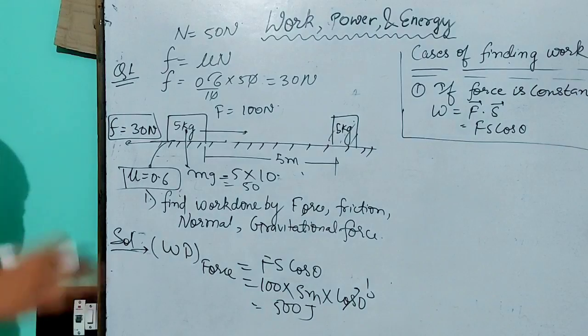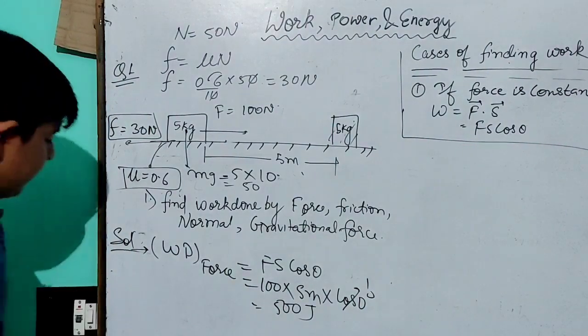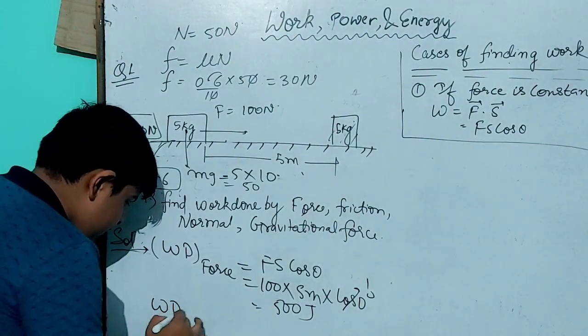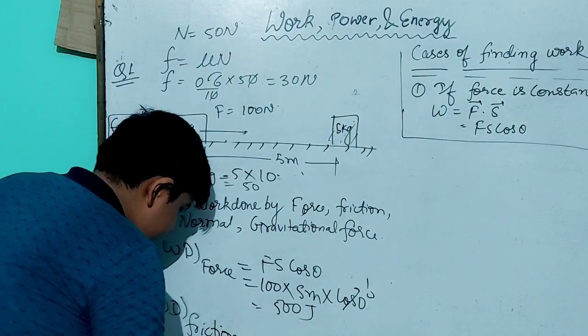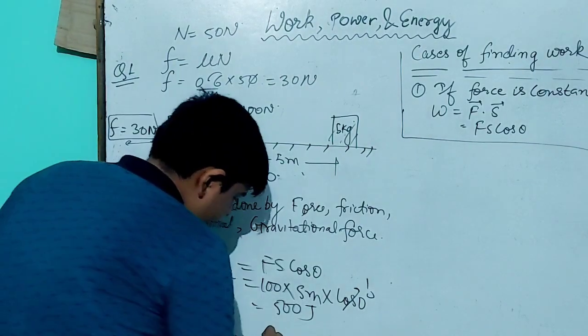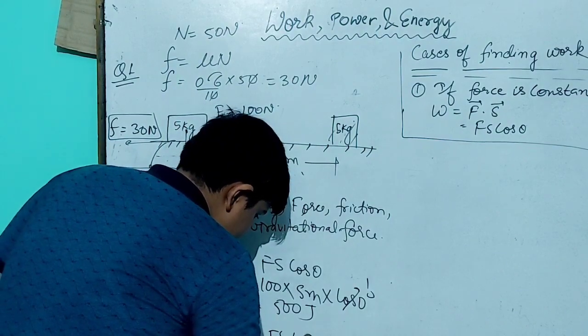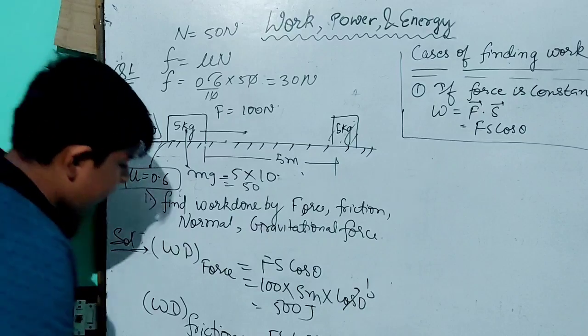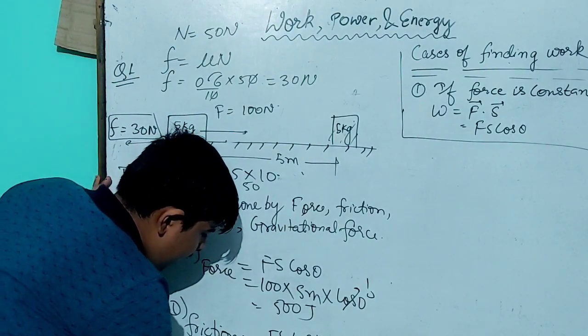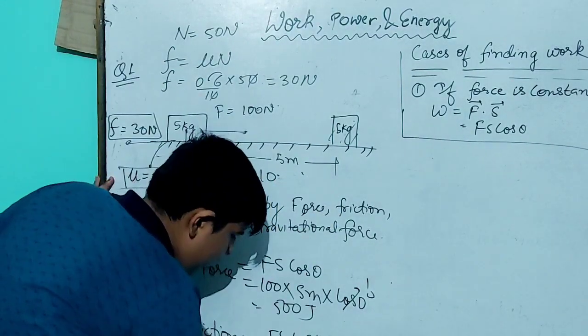Friction is equal to 30 newton. So the work done by friction is Fs cos theta. What is the friction force? 30 newton, into displacement 5 meter.